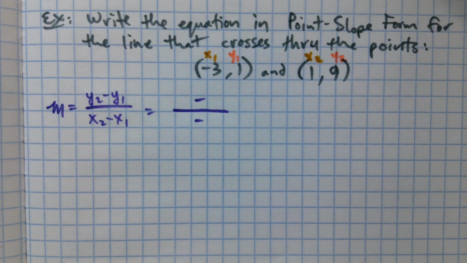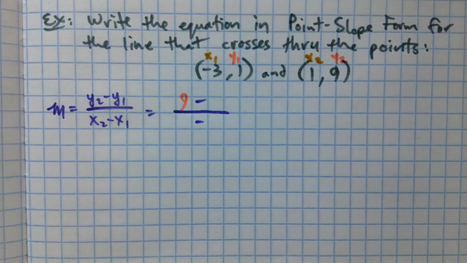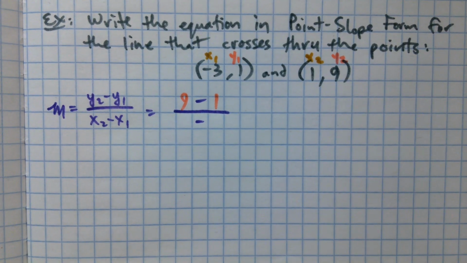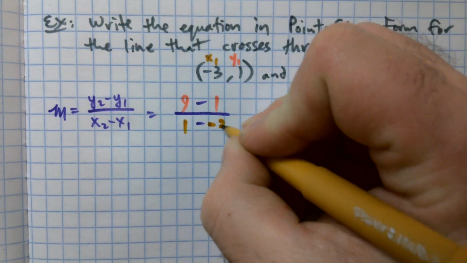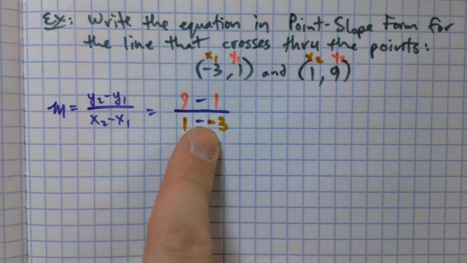No? Okay. So when I set up my slope formula, what am I going to plug in for y2? 9, thank you. What am I going to plug in for y1? 1. What am I going to plug in for x2? 1. And what am I going to plug in for x1? Negative 3.